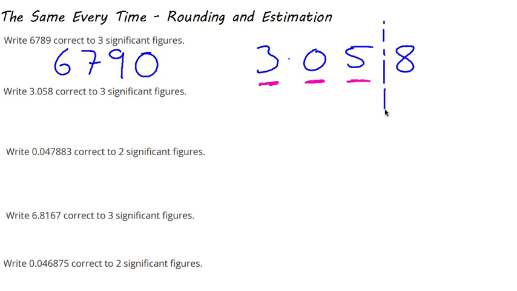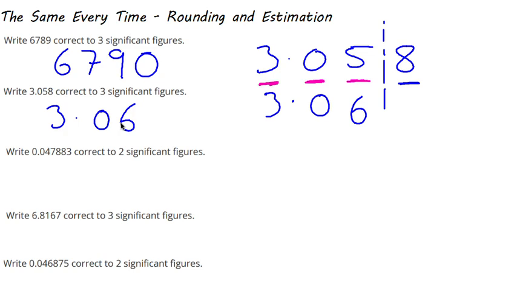Now you look at the next number, that's an 8. Ask yourself, is it 5, 6, 7, 8 or 9? If it is, then you round up. If it's not, then it stays the same. So 5, 6, 7, 8, 9, yes. So that means this 5 will round up to be a 6, and the 0 stays the same. The decimal point is in the same place, and the 3 there is in the same place. So 3.06 is correct to 3 significant figures.